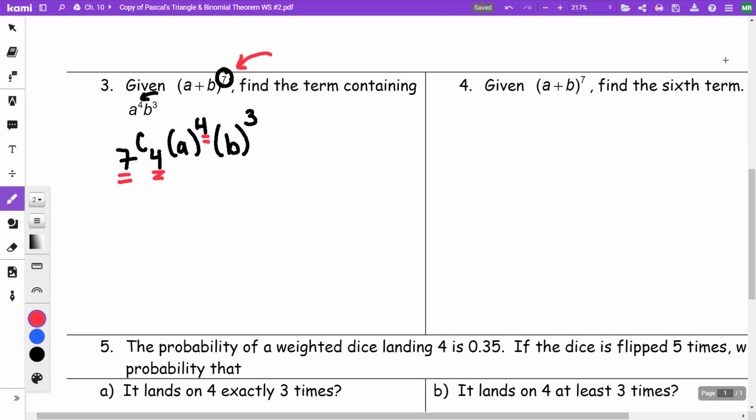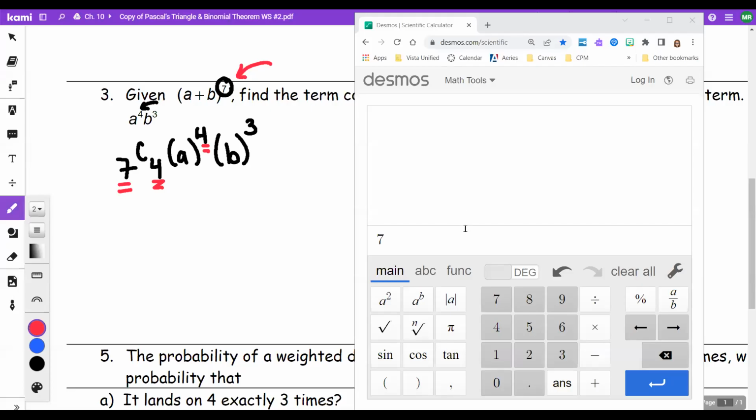And so then I'm going to put that into my calculator, or I can look at our Pascal's triangle, one or the other. Let me just put it into Desmos, the scientific Desmos.